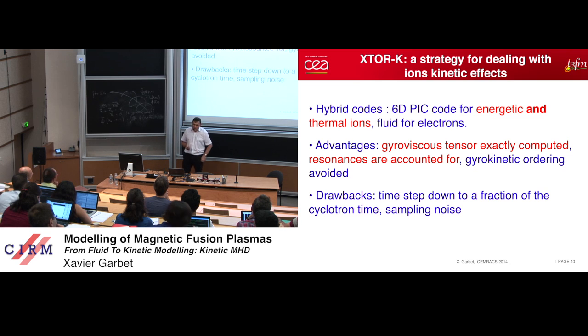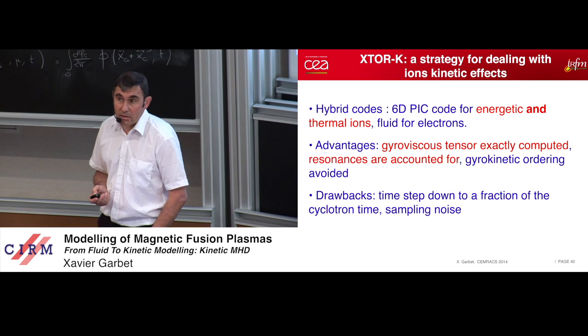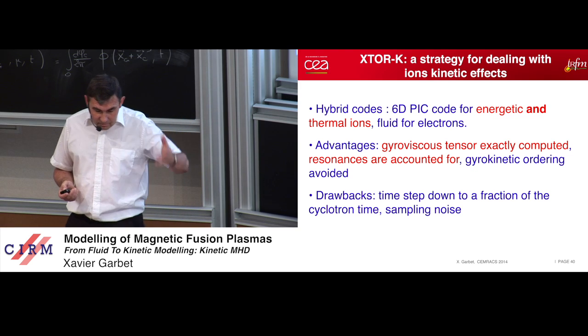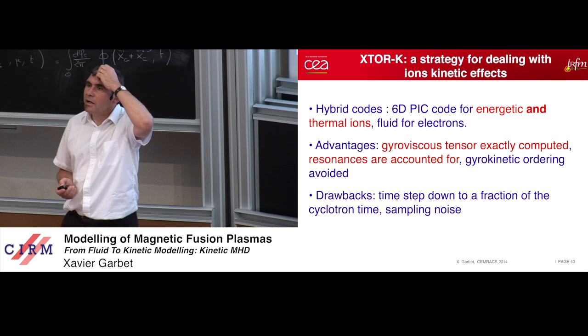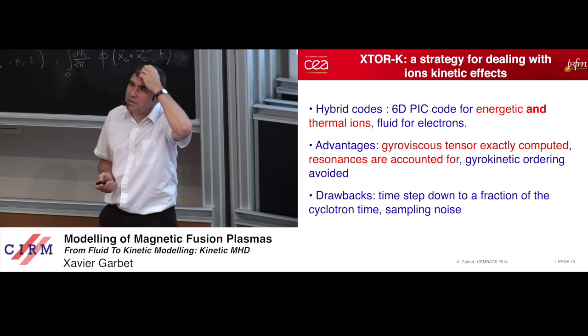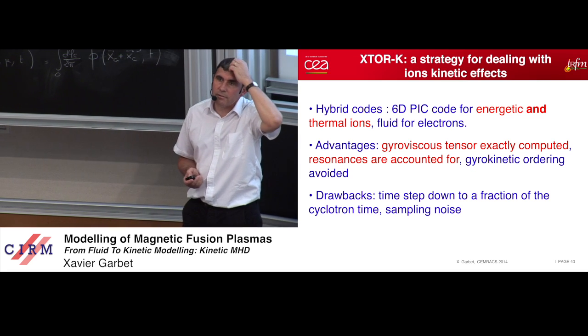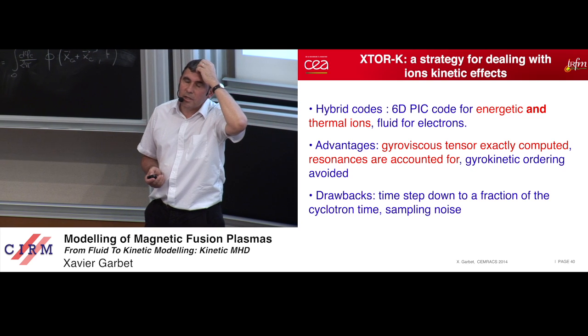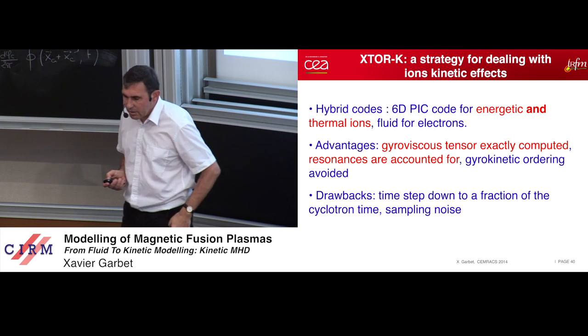So either you move to better descriptions like the one proposed by Ramos, but that's tricky, or you're daring and you move to six dimensions. That is, you get rid of the gyrokinetic approximation.